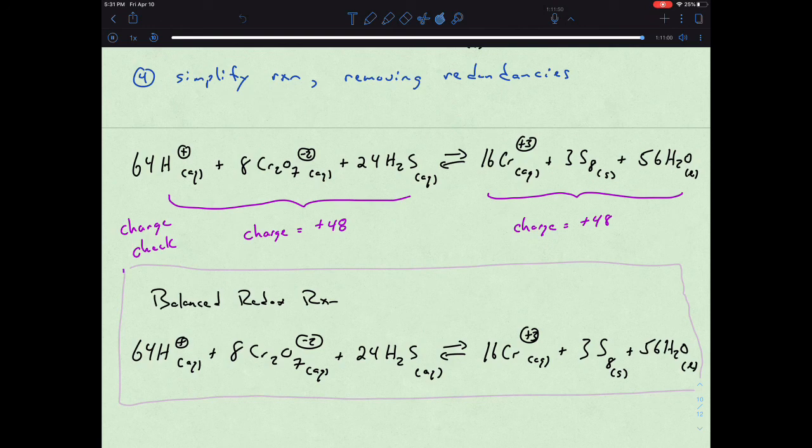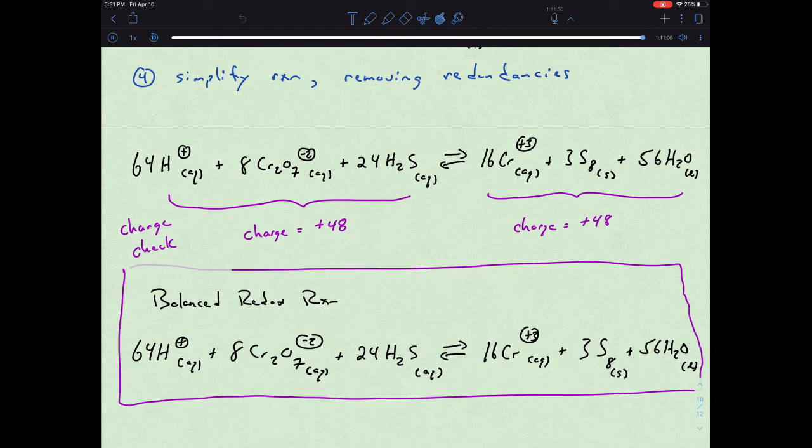And that is our balanced overall redox reaction for this particular example under acidic conditions. As you can see, it gets very, very complicated. Lots of places to make errors in simple multiplication, balancing, not only with elements, but also with electrons, and then combining it all. So it is very, very tricky. So here, definitely a good example of balancing a redox reaction under acidic conditions.